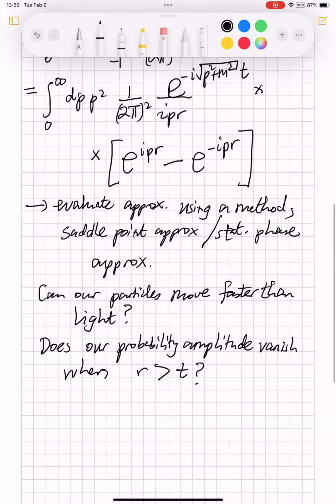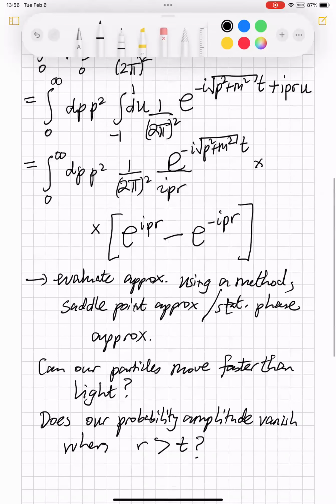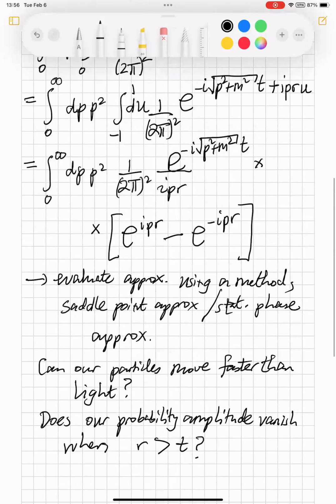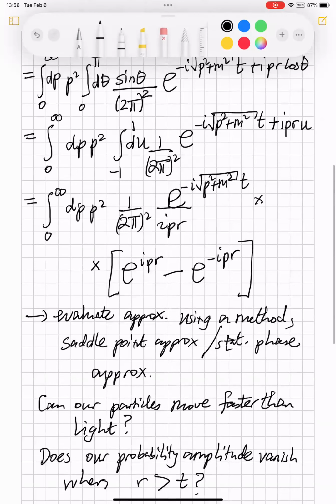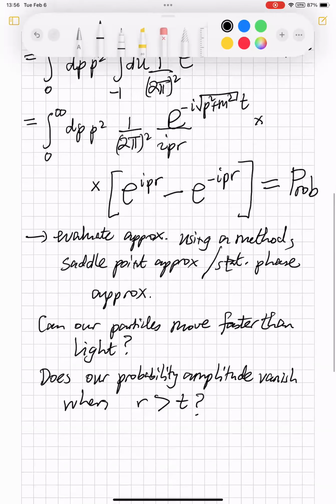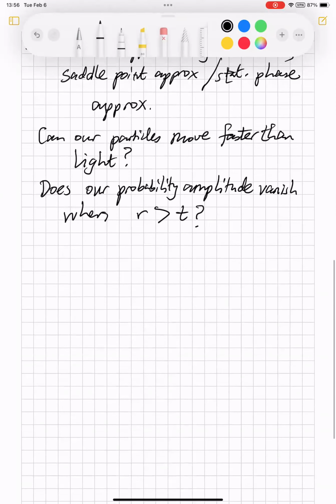In fact, what we find is, for our probability amplitude, maybe I'll call it prob, that prob is equal to some number, which you will calculate, and then you've got e to the minus m, the square root of r squared minus t squared.